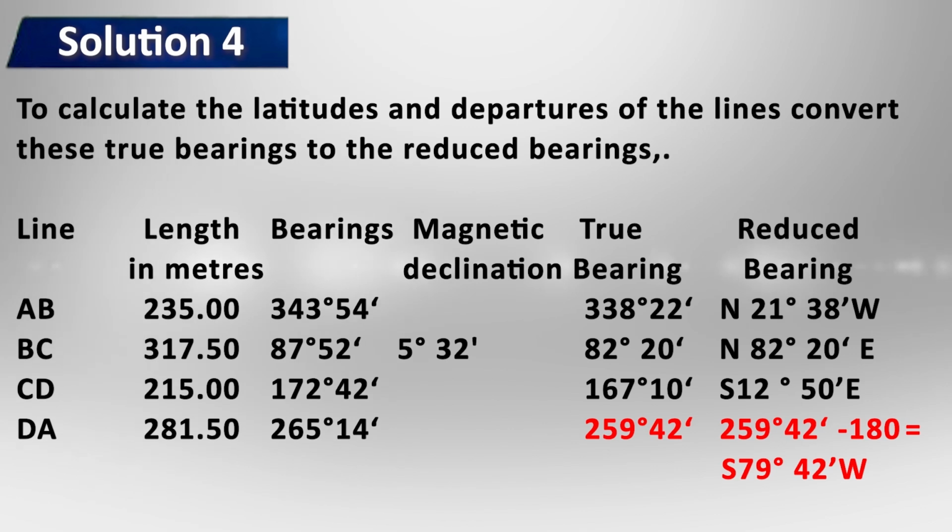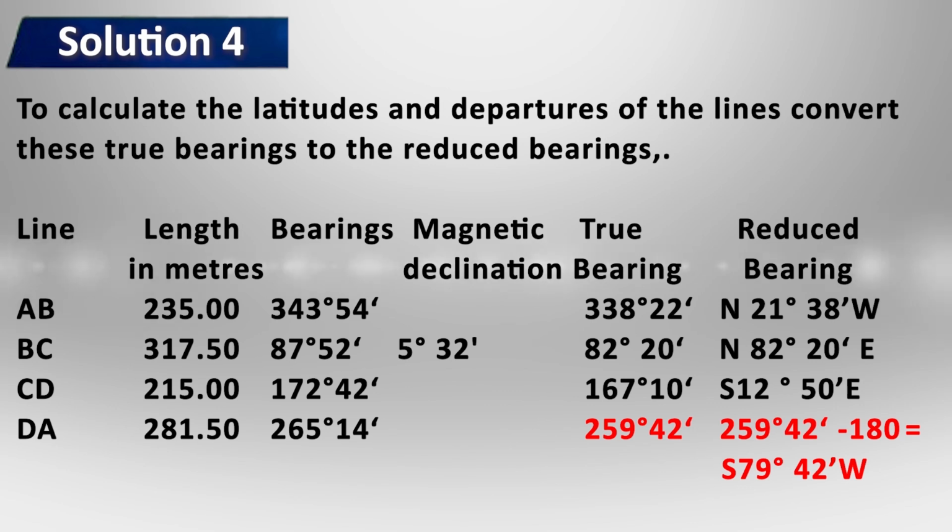The whole circle bearing of line DA is 259 degree 42 minutes measured from north in clockwise direction. The value is greater than 180 but less than 270 degree. So the line is in southwest quadrant. That means in reduced bearing system, it will be designated as south measured towards west.